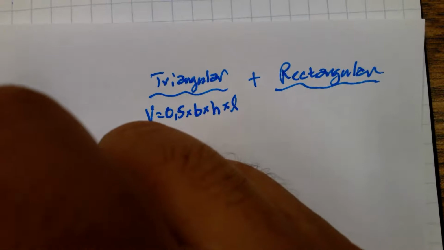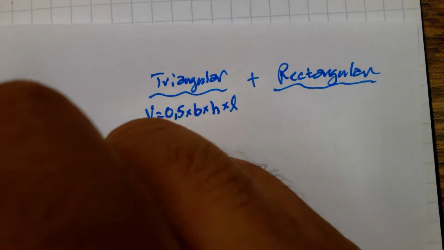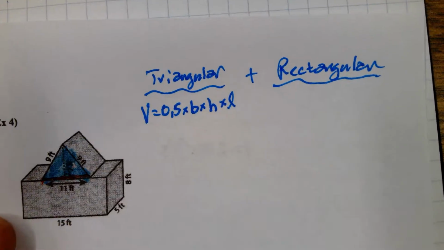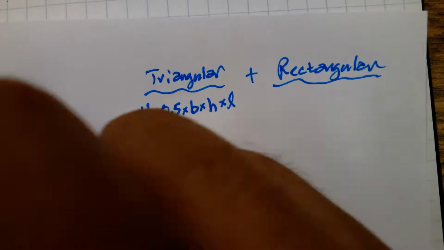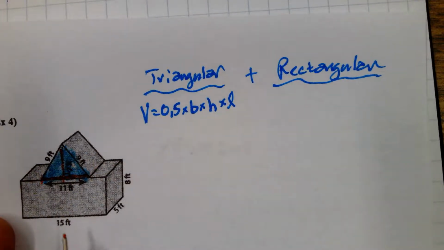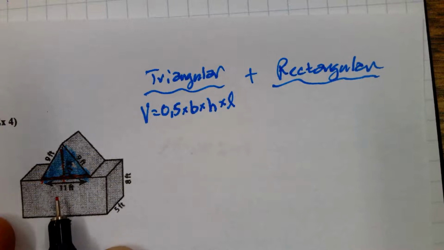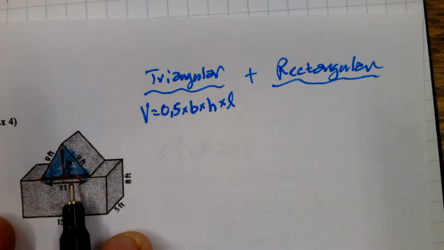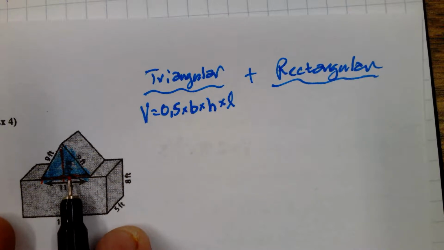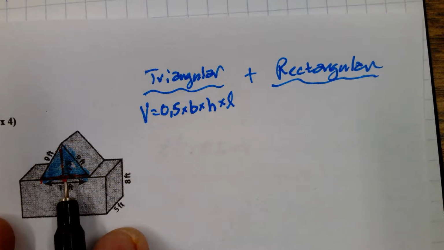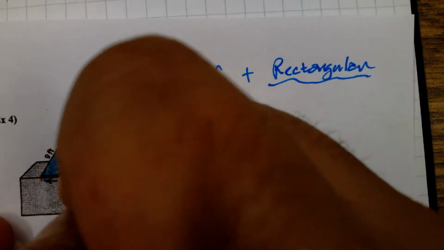We need the base of the triangle, and when I say base, I mean this part. Think of it as the bottom that joins up with the height. So what are my numbers for the base and the height for this triangle? Help me out. It's 11 and 7. And then we need the length. This is the length we want.